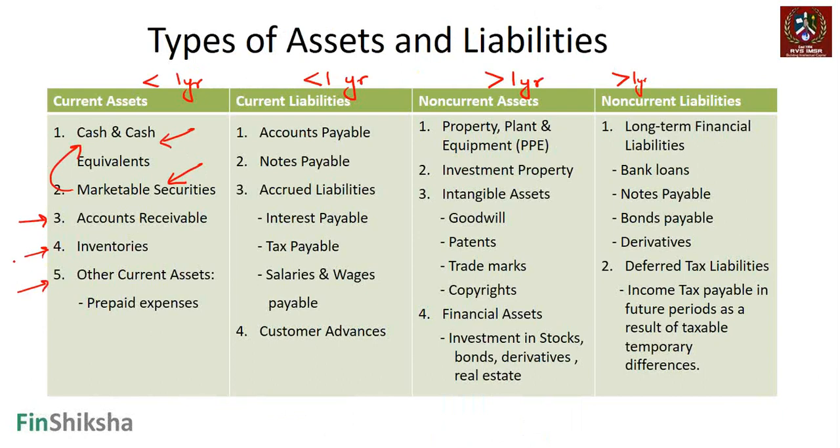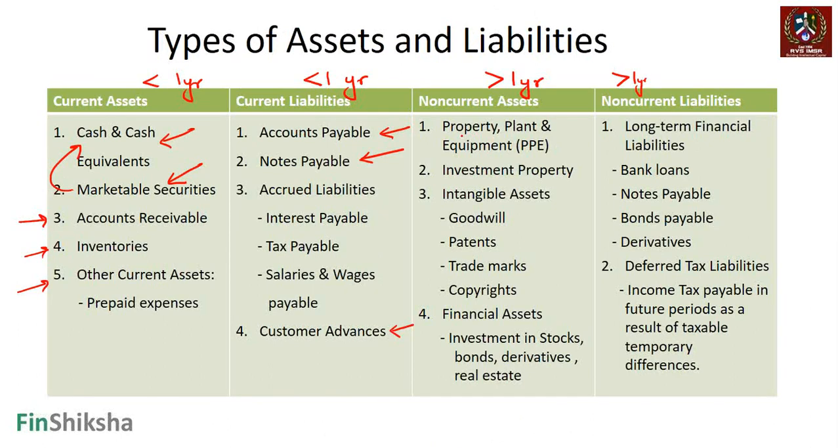We will discuss all of these in more detail in subsequent sections. Current liabilities will look at accounts payable, notes payable, any kind of accrued liabilities that are there, and any kind of customer advances that are there. We will again look at those in more detail, but anything that has to be settled in the next 1 year will come under current liabilities.